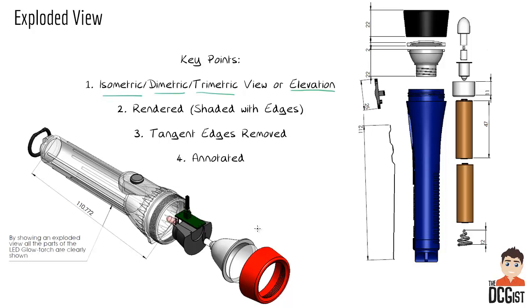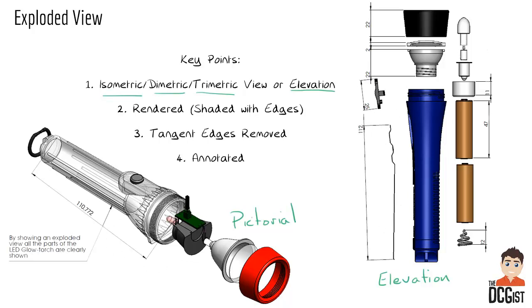So here we have it as a pictorial view. So we have pictorial over here, and over here we have it as an elevation. Now, choosing which one you want to use in your Output 5 all depends on what it is that you want to show. So the student here wanted to show something particularly different to what the person over here wanted to show.